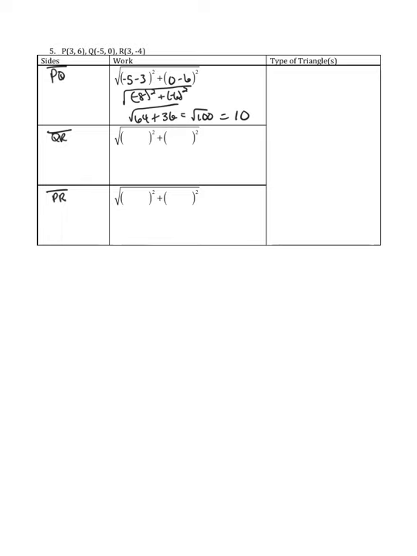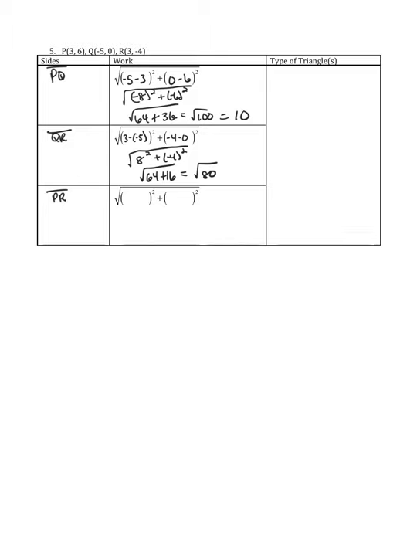You should be able to recognize perfect squares. All right, QR. 3 minus negative 5 plus negative 4 minus 0. Well, 3 minus negative 5 is 3 plus 5, so that's 8 squared plus negative 4 squared, which is square root of 64 plus 16, square root of 80. Leave it.